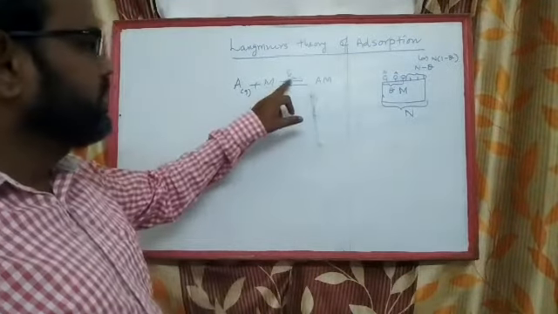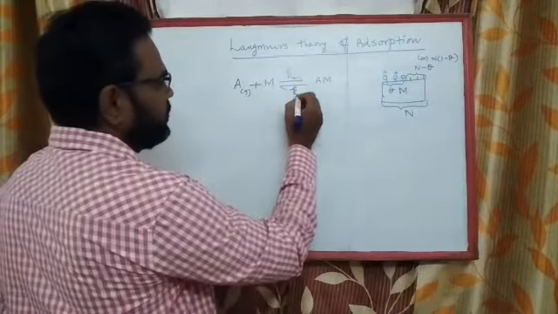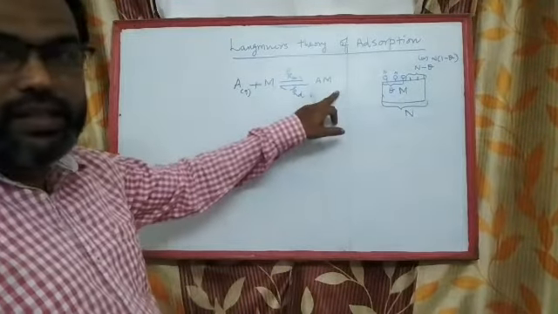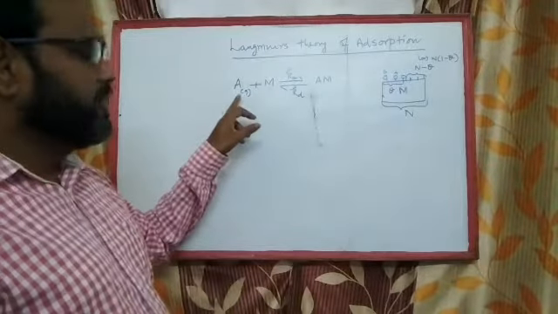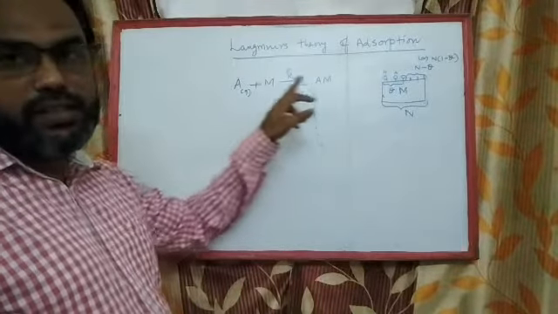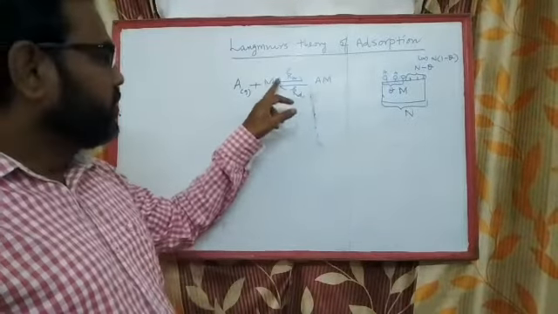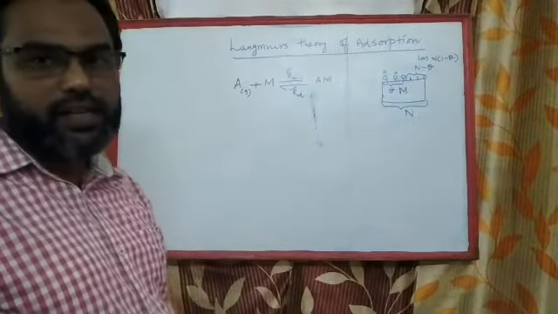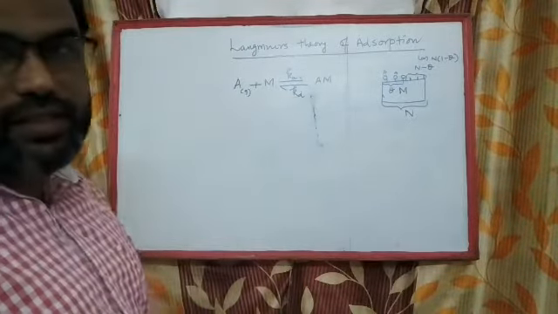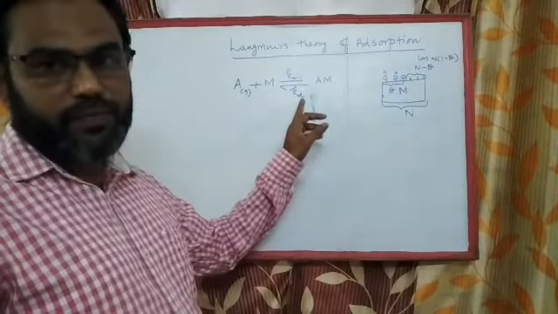The rate constant of adsorption is Ka, and the rate constant of the backward reaction from the adsorbed side, you will get once again the gas molecule and the metal. So this process is called the reverse of adsorption, called desorption. The forward reaction rate constant is the rate constant of adsorption, and the rate constant of the reverse reaction is called Kd, the rate constant of desorption.